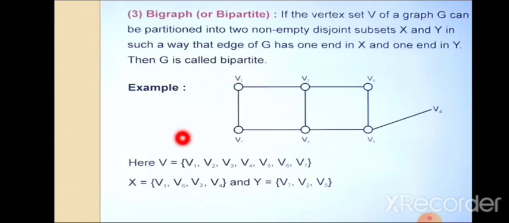First we'll write the set of all the vertices, that is V equals {V1, V2, V3, V4, V5, V6, V7}.